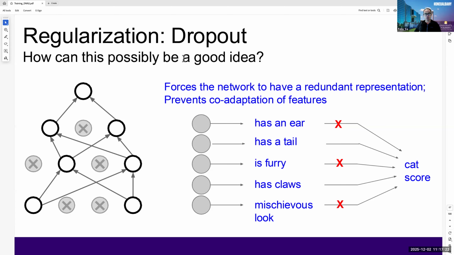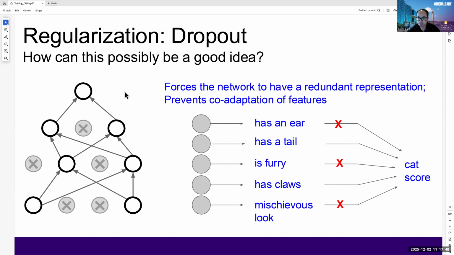Okay, so how can this be a good idea, right? This is a very weird way. We just randomly turn off some neurons. One thing that makes this very important is that a neural network has a lot of redundancies.